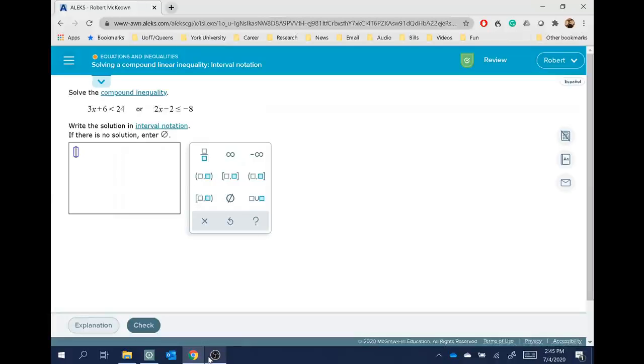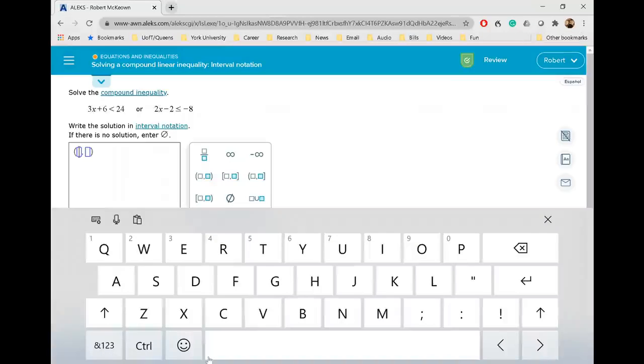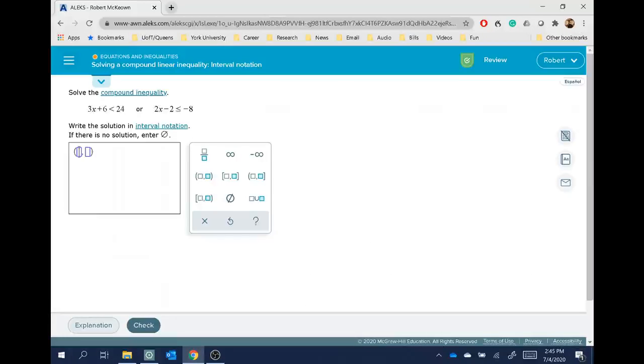So here we are in ALEKS. We have the same question that we were given before. What is the interval that we're looking for? Well, we know that it's going to be rounded brackets, and the value of x can be as low a number as you can imagine.